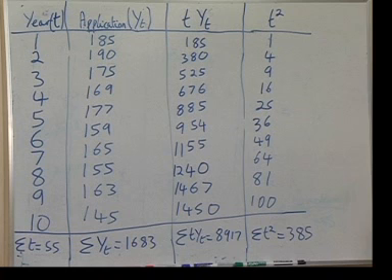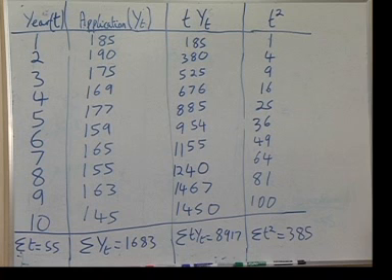Now, sigma YT. Sigma YT also is calculated the same way. We add up the total number of applications. So that's 185 plus 190 plus 175 plus 169 plus 175 plus 159 plus 165 plus 155 plus 163 plus 145.